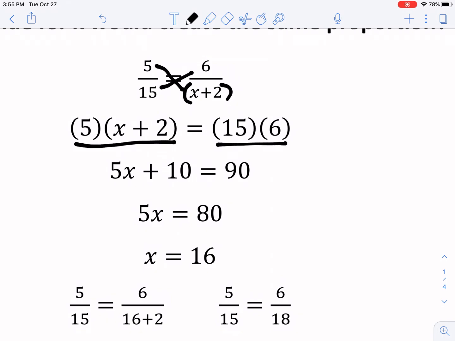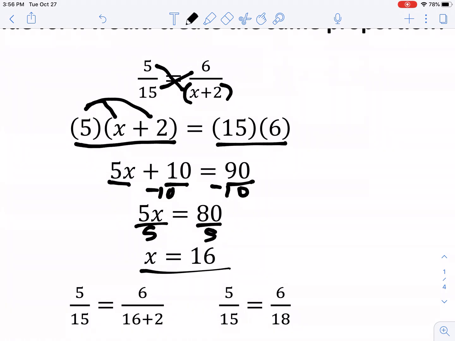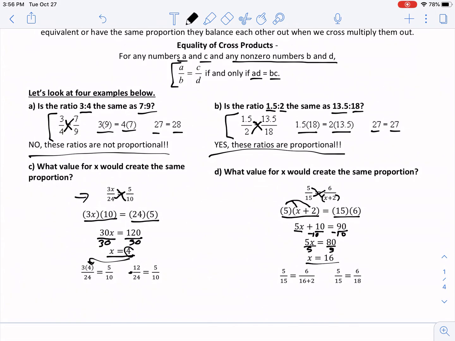If we apply the distributive property here, we would get 5 times x is 5x, 5 times 2 is 10, and 15 times 6 is 90. Two-step equation, subtract 10 from both sides, and we get 80. Divide by 5 on both sides, and we get 16. So x equals 16. And again, we can plug it back in and check to make sure that we have proportional ratios, equivalent fractions. Okay? So that's dealing with it algebraically.